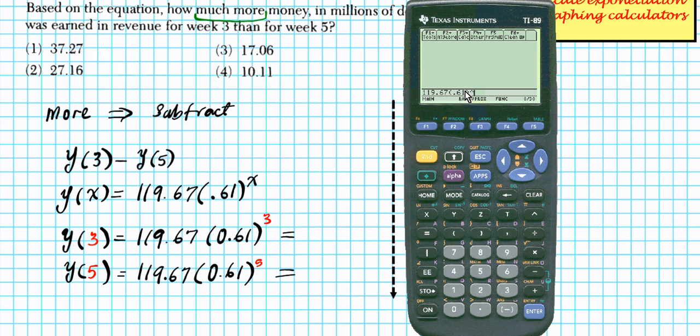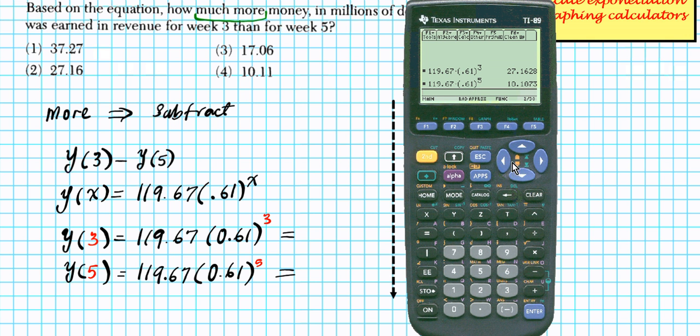So use the caret button, and then your input value is 3 for the first one. Enter, and then the second entry is 119.67. I can simply call up the other entry by pressing second function enter to save time, and then change my 3 to 5, press enter. Another way you can do it is just enter both of them together and subtract, but I like to play it safe, so I enter them separately to make sure I don't make any mistakes.